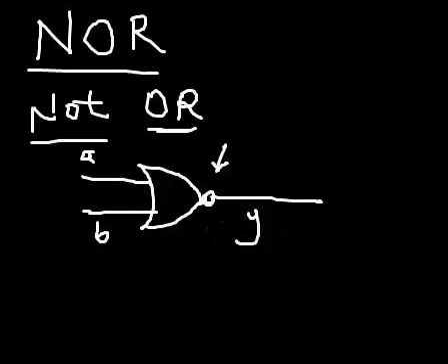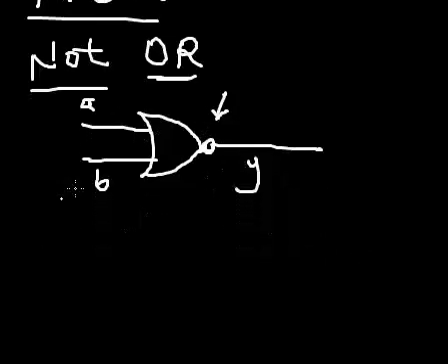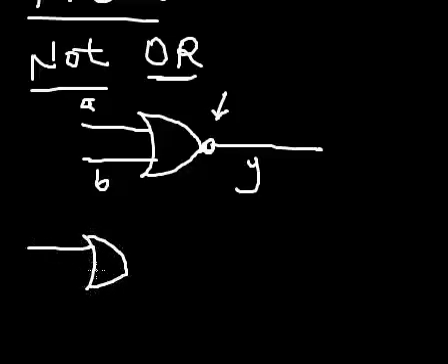Of course, I told you that the NOR gate is a combination. You can also write it this way: a combination of an OR gate, where the output of the OR gate is then inverted by passing it through a NOT gate.